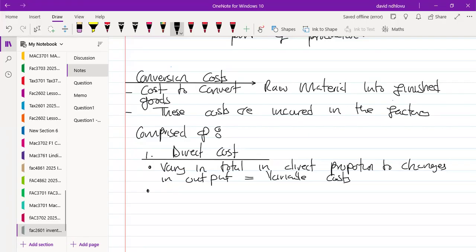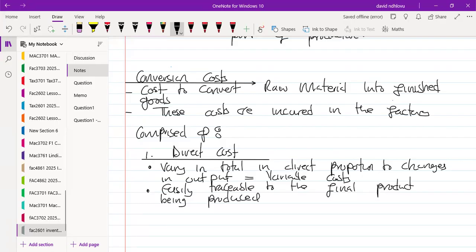I will explain these terms. These are variable costs. They are easily traceable to the final products being produced. Another way of describing it is to say these are specific costs.